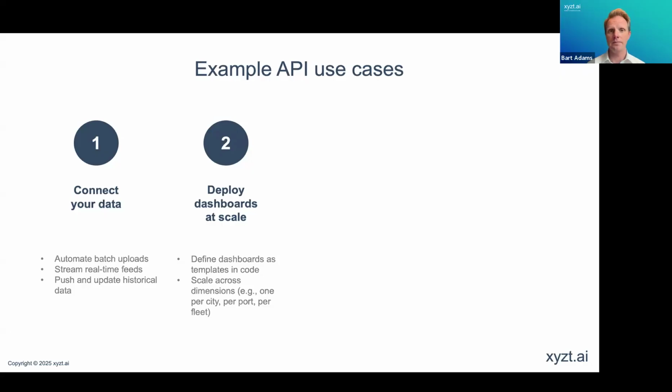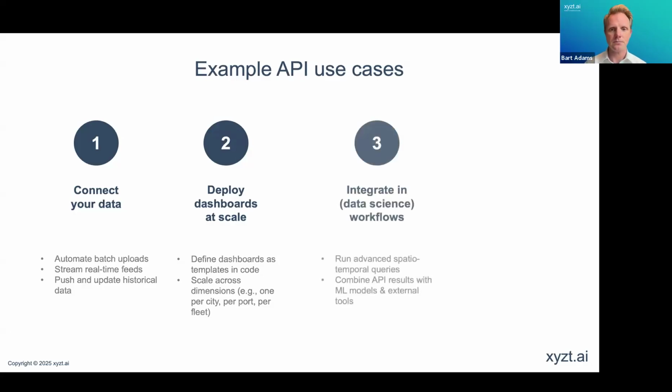So what our users do is they create a script that defines a dashboard just by calling the API. And by parameterizing the script, you can basically run it for as many cases as you want. For instance, for all cities in the US or for all ports in the world. And I'll give you an example later of that.